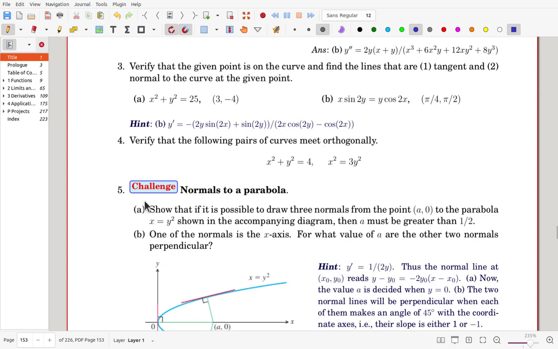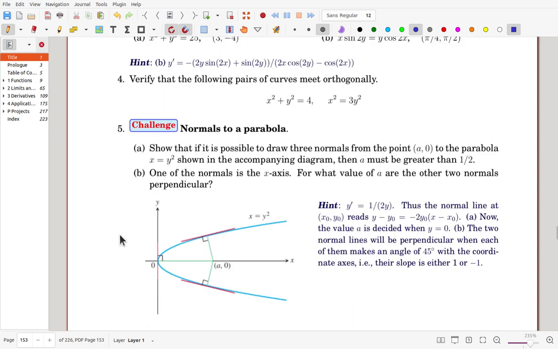Now this next problem will be really challenging. Show that if it is possible to draw 3 normals from the point to the parabola y equals x squared. Okay, we have 3 normals from this point, and 1, 2, 3, these green lines are the normal lines.